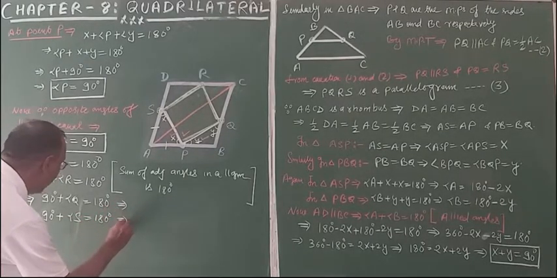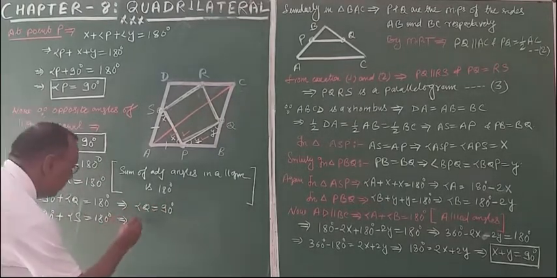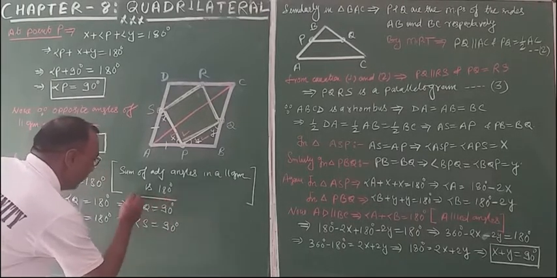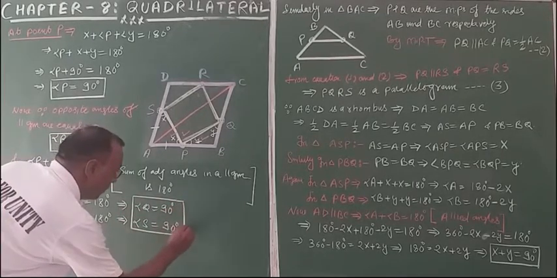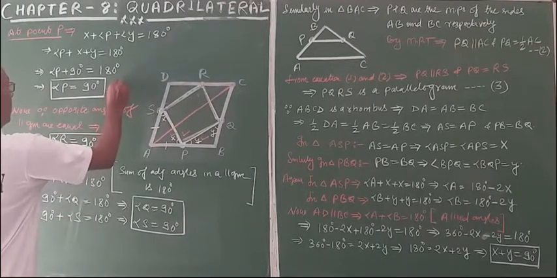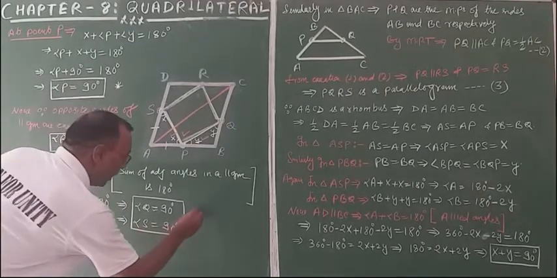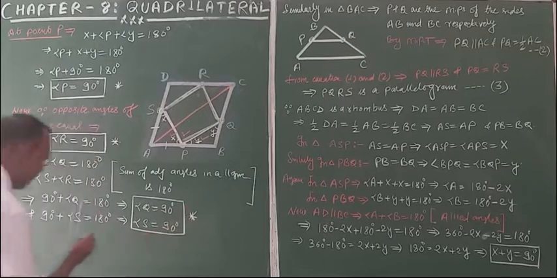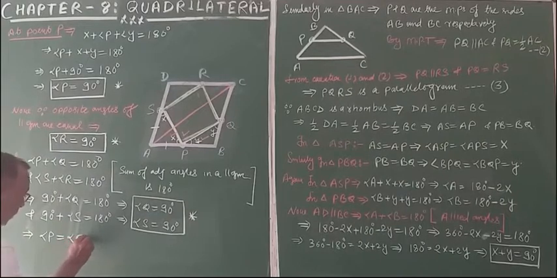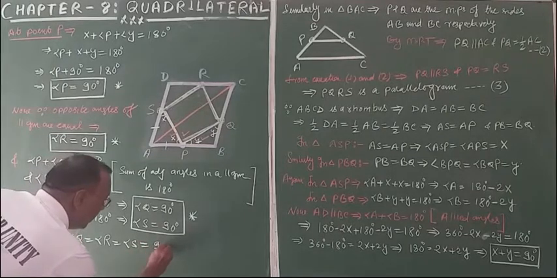So from here we get angle Q is equal to 90 degree and angle S is also 90 degree. Now just look here. Angle P is 90, angle R is 90, angle Q and angle S are 90. So angle P, angle Q, angle R and angle S are each 90 degree.